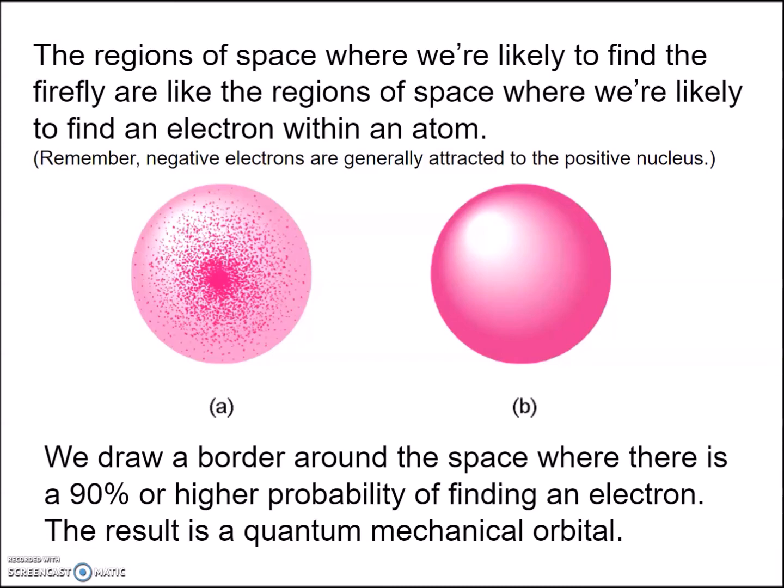Where there's a 90% or higher probability of finding an electron, let's draw an edge there. And that is your quantum mechanical model orbital, a three-dimensional shape where you're likely to find the electron. You could have defined that region of space where there's an 80% or higher probability, and what that would do is just draw the edge a little bit further out, but you would retain the same shape. We're going to take a look at those shapes shortly.